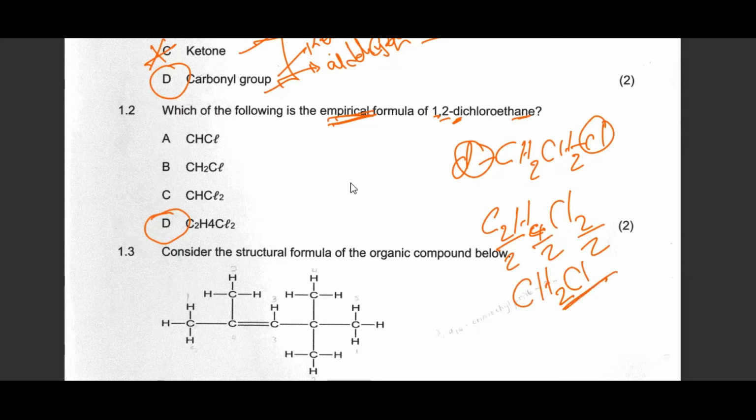If I have this in the question, then it becomes the most correct answer. Therefore, B is the correct answer, but because they want the empirical formula, the simplest way you can express it, this one becomes wrong, and I get this to be the correct answer. So it's a confusing thing if you don't take care of it.